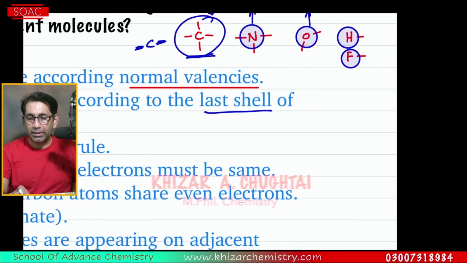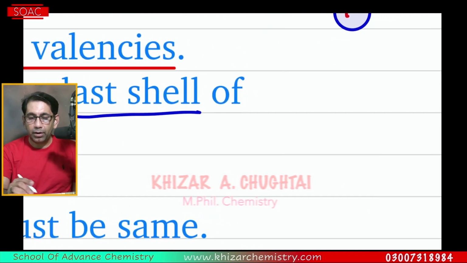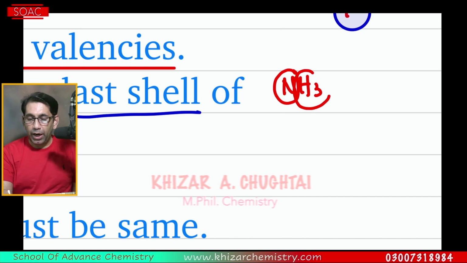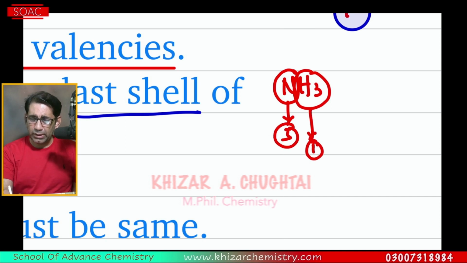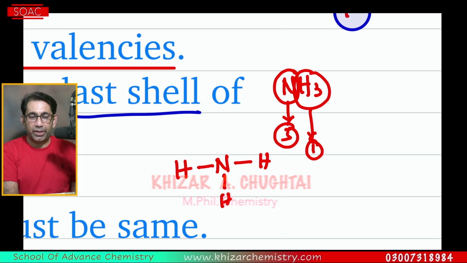For example, in case of NH3. This nitrogen has valency 3. Hydrogen has valency 1. As nitrogen has the higher valency, I am going to draw nitrogen first. Then I will attach 3 hydrogens to it.